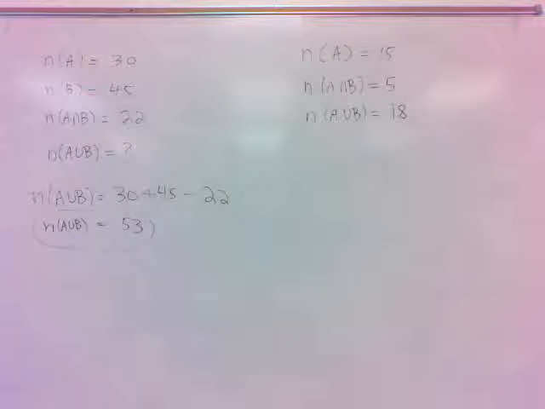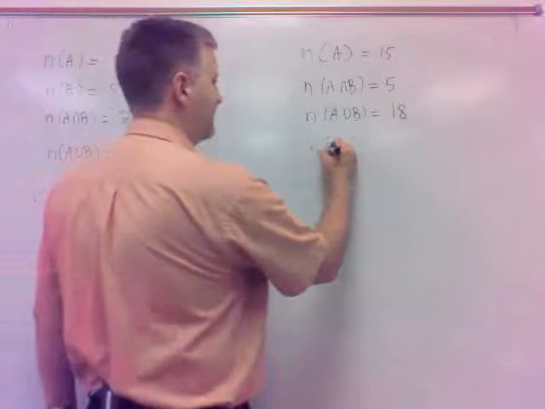Well, I already know the union. I know the intersection of A. The question here would be, can I figure out how many's in B?